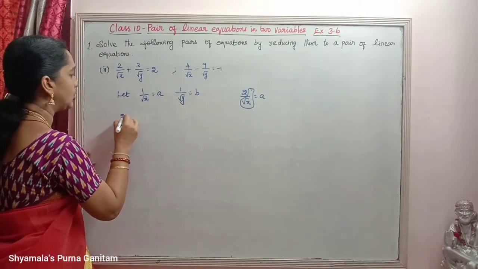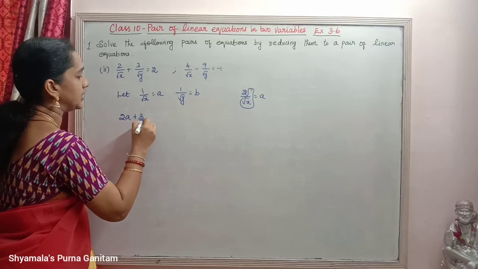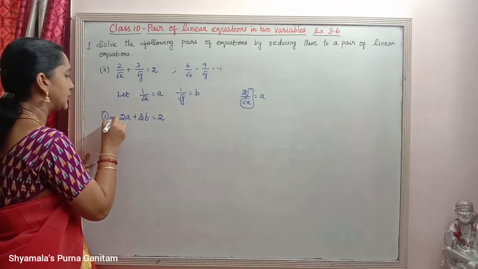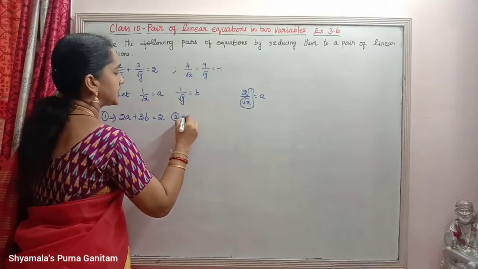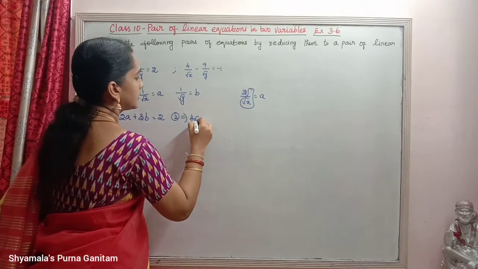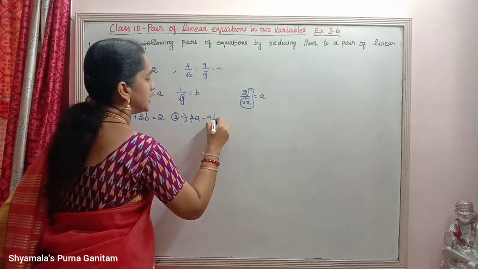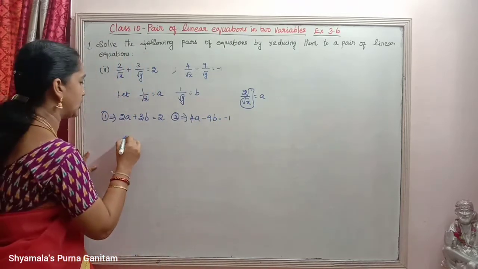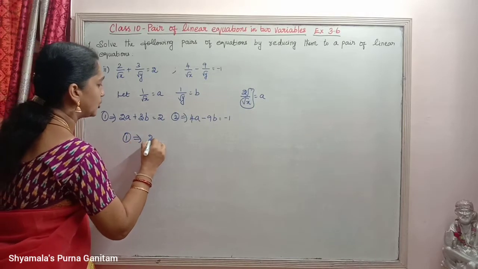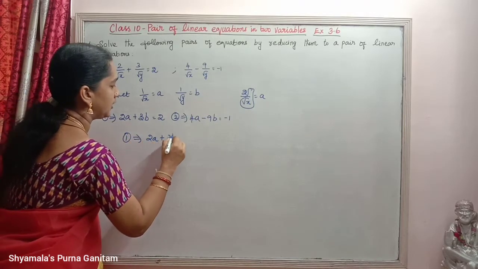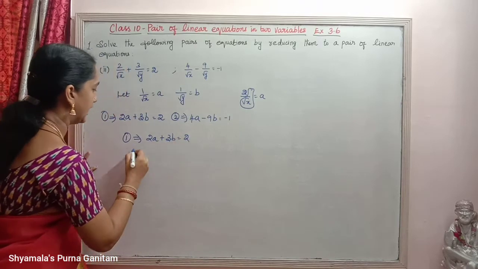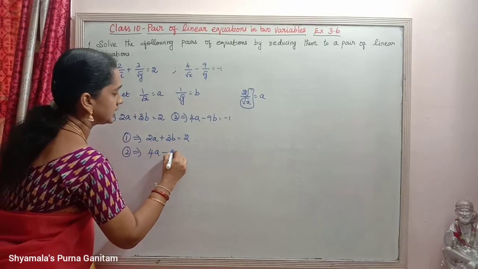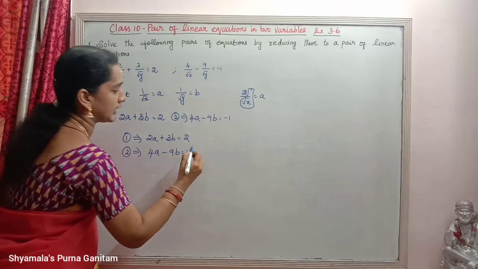So 2a plus 3b is equal to 2. This is the first equation. Then the second one is 4a minus 9b is equal to minus 1.